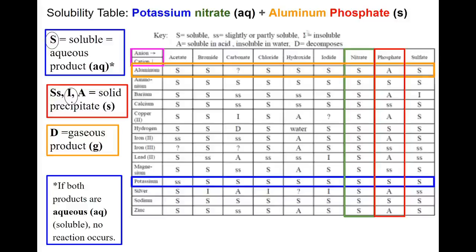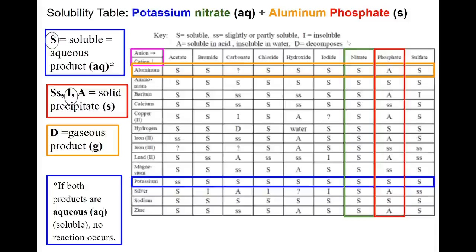Next, I have aluminum and phosphate to look up. My aluminum is in this orange box at the very top. My phosphate is this red box, second from the end. Where these two meet, I get a capital A. So take a second, look at the key for the table. What does A mean?